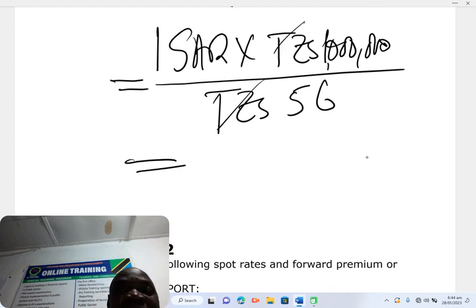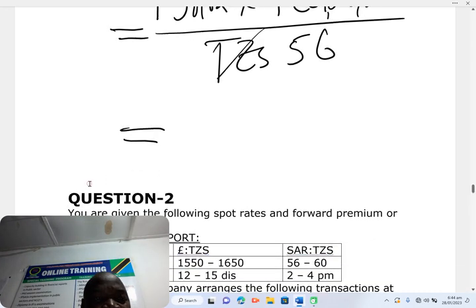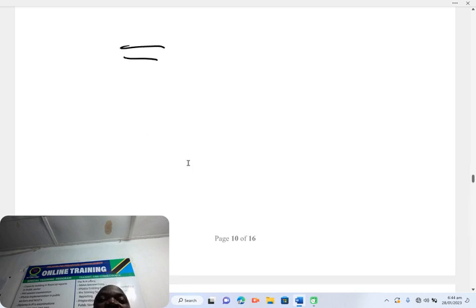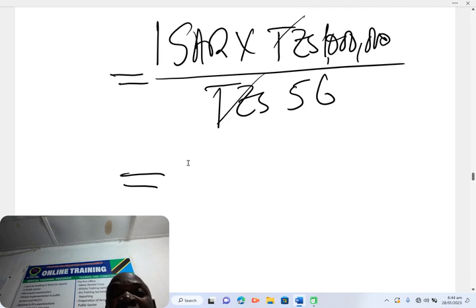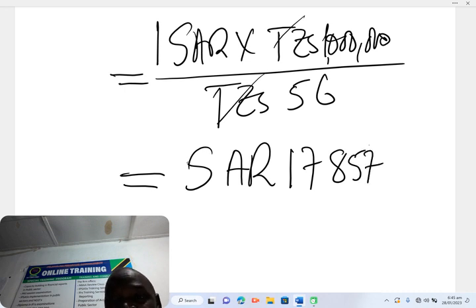This one and this one will cancel. So South African rand 17,857.1429.